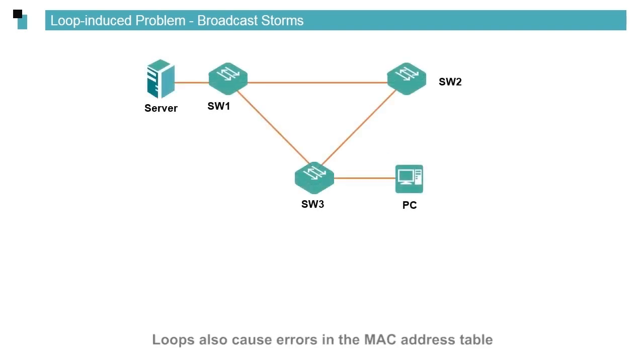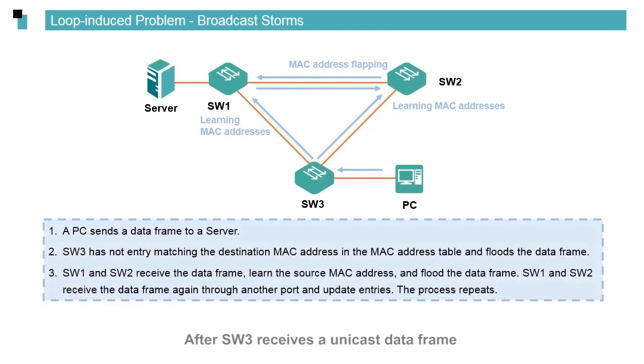Loops also cause errors in the MAC address table. After SW3 receives a unicast data frame, it finds no entry matching the destination MAC address and floods the data frame. Upon receipt of the data frame, SW1 creates an entry mapping the source MAC address to the local port connected to SW3.